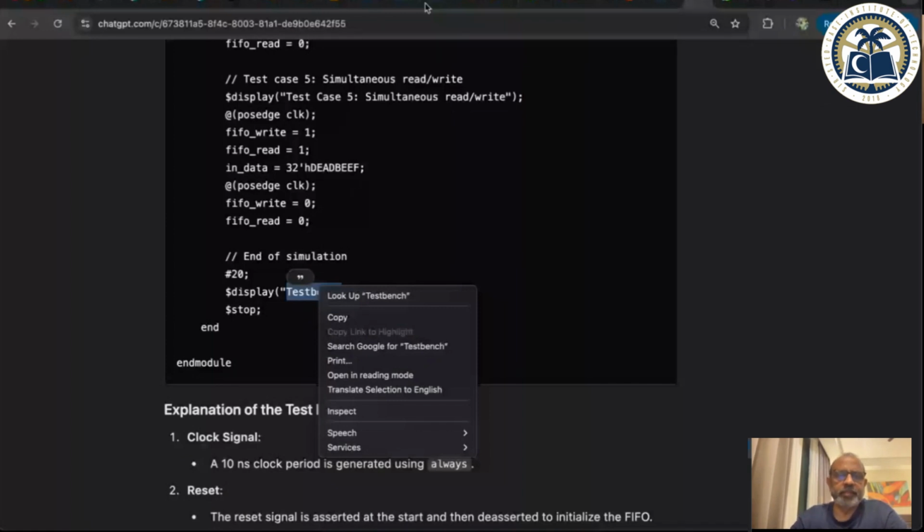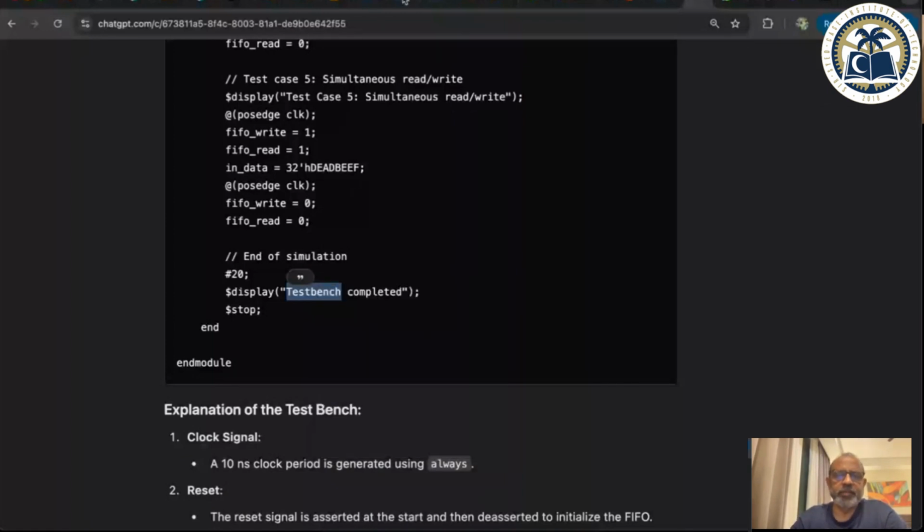These are the simulations. I first ran it, and then I asked it to write into monitor. If you can see here, you are asserting write and not read, so there is no error, and in data is getting into memory.